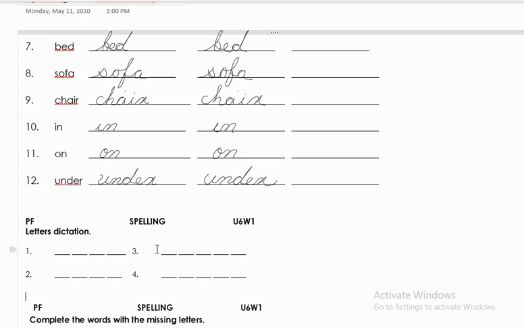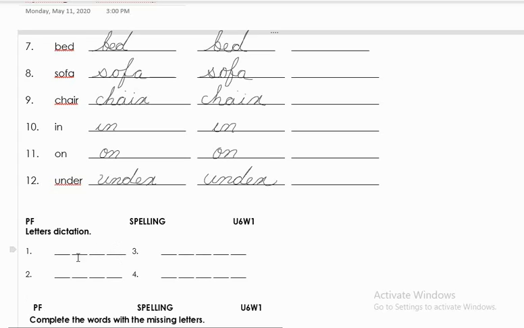Here we are. Okay, the first one is the number one, sorry. The first letter that you need to write is H. It's a consonant, H. The next one, E. The next one, A. And the last one, R.